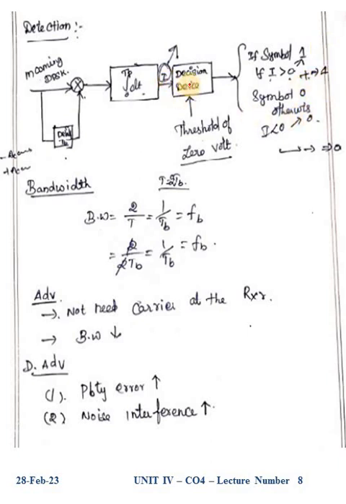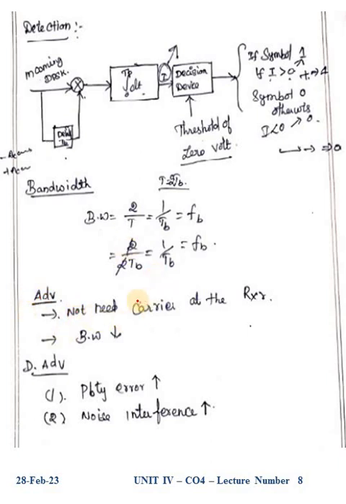If I is less than 0, it is considered as no phase shift, a 0 value. The bandwidth we have already obtained; it is equivalent to fb.